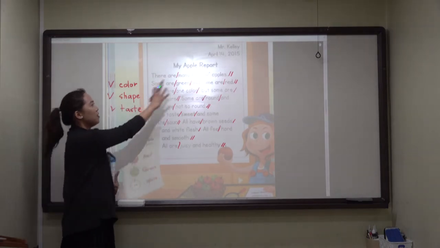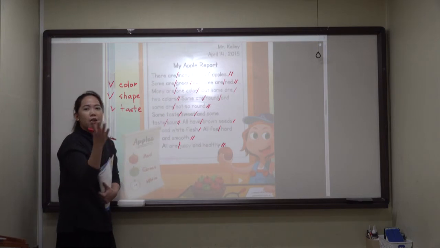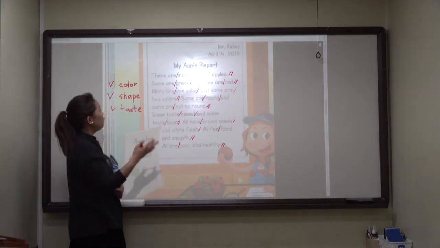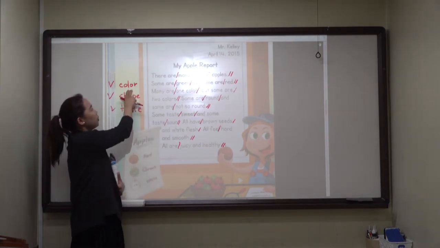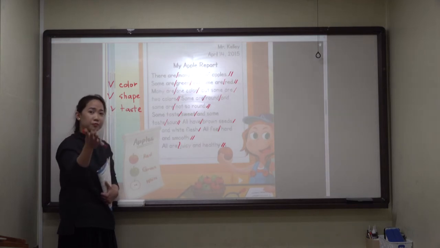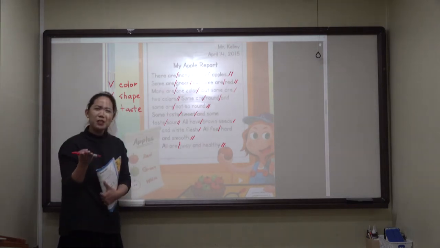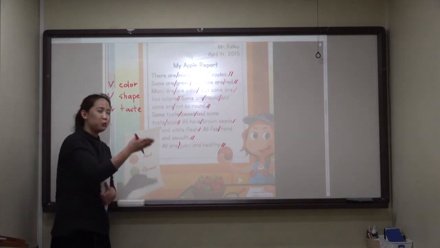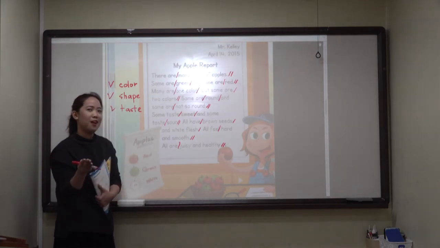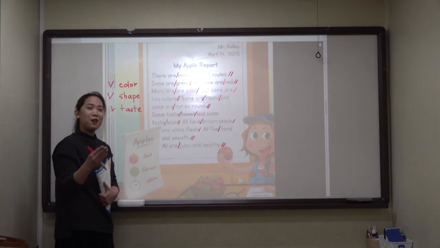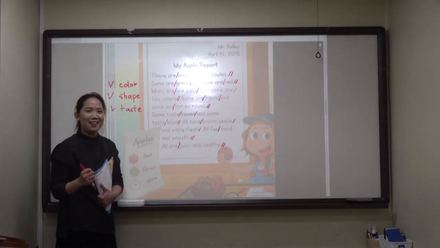In this article, it says there are many kinds of apples. The first difference mentioned was the color. What are the colors again? Red and green. Now, what is your favorite kind of apple, guys? Do you like the red one or the green one? Oh, I like the green one.